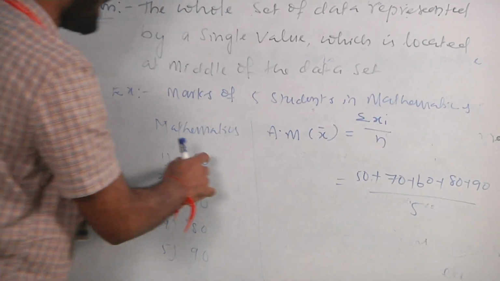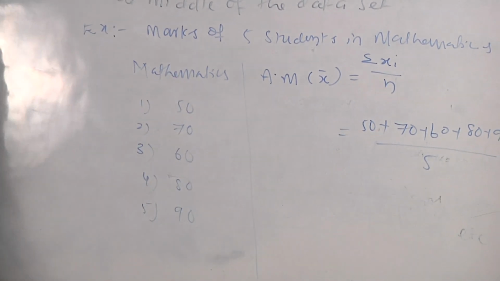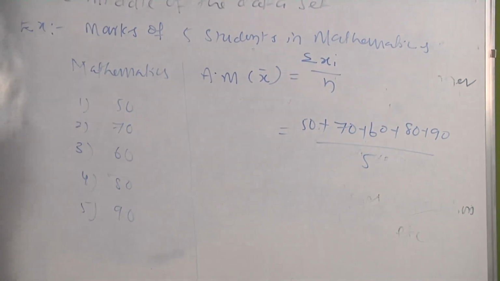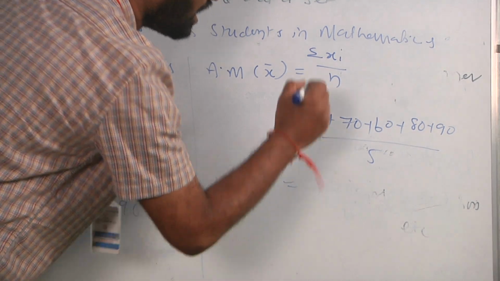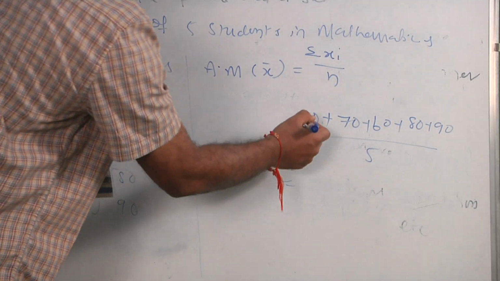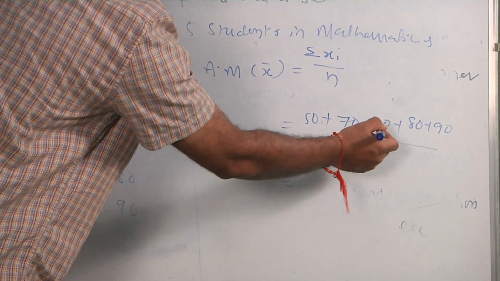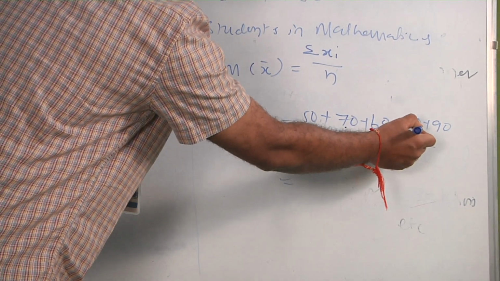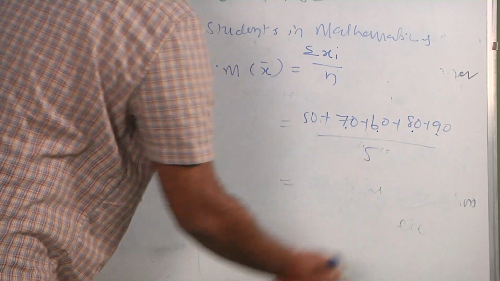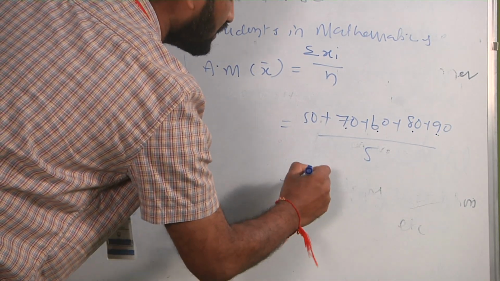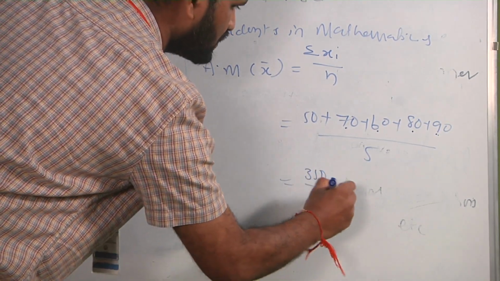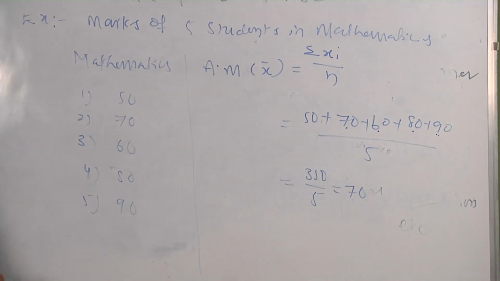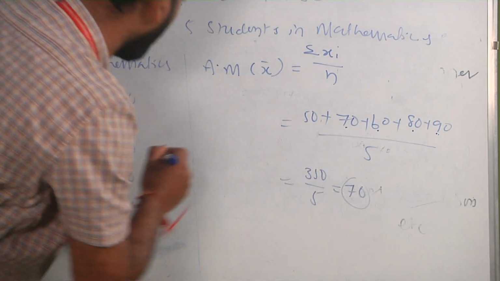Summation xi means adding all these observations, that is nothing but sum of xi. So what is the answer? 50 plus 70, 120. 120 plus 60, 180. 180 plus 80, 260. 260 plus 90, 350, divided by 5. So we get answer 70. This 70 is located here.